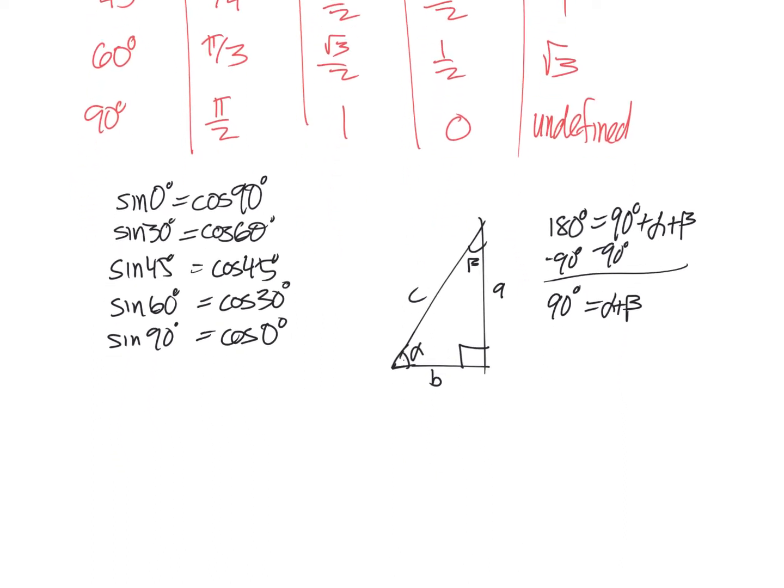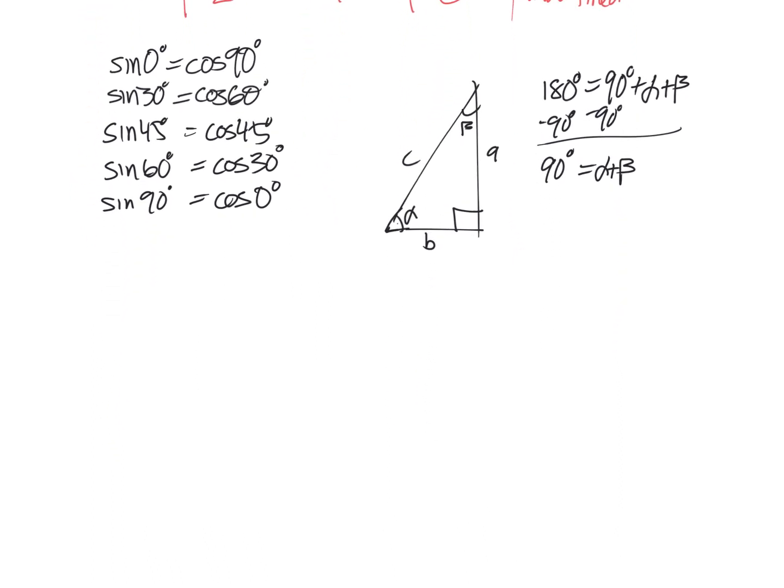Now, what we get with this triangle is we can describe our angle sine of alpha. Sine of alpha is our opposite over hypotenuse. In this case, the opposite for alpha is A, and the hypotenuse is C.